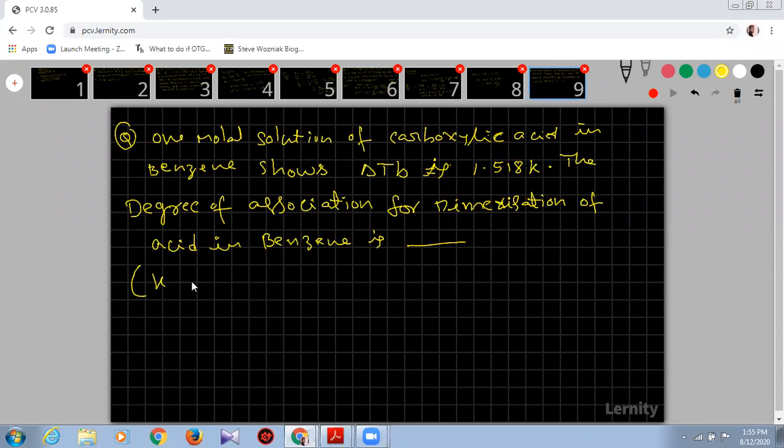The data I am giving: Kf for benzene is 2.53 Kelvin kg per mole. I give 1 minute. Can you do it? Very simple thing. If you apply the van't Hoff factor concept, then you will get it easily.